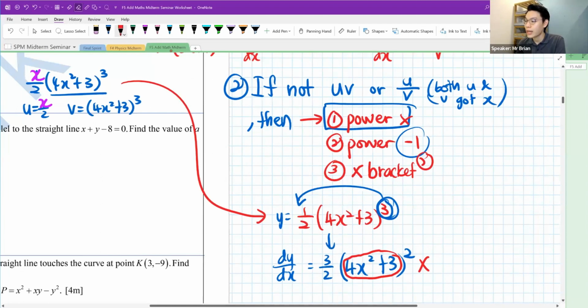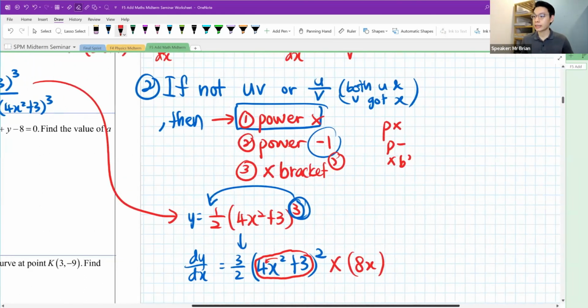So I differentiate my bracket and multiply it. I will get 8, plus you differentiate 3, you get 0. Three steps only. Make sure you do the steps in order: power times power minus, times the bracket prime. In short, I like to write like this.